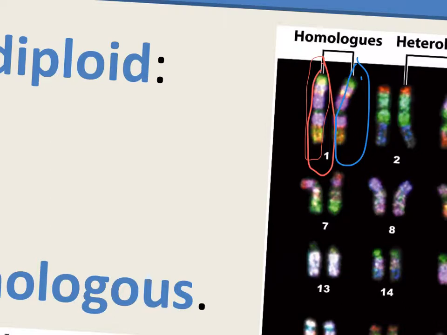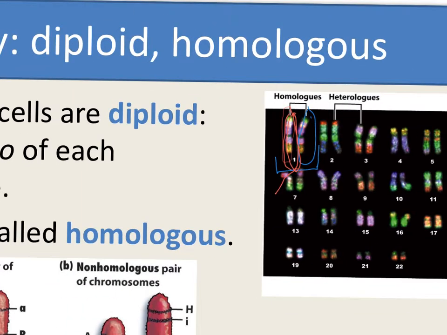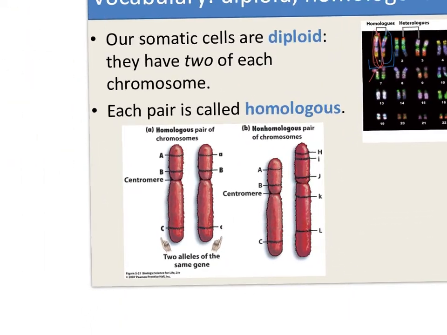A sister chromatid: each chromosome will have two sister chromatids. Let's say the one in red from mom. That's called a sister chromatid. It has the same exact gene loci as the other one, but at each locus it might be the same allele or a different allele. So those are called homologous chromosomes.